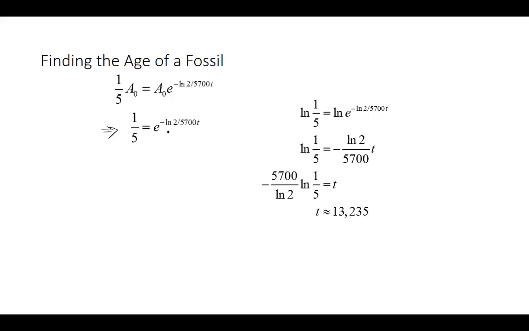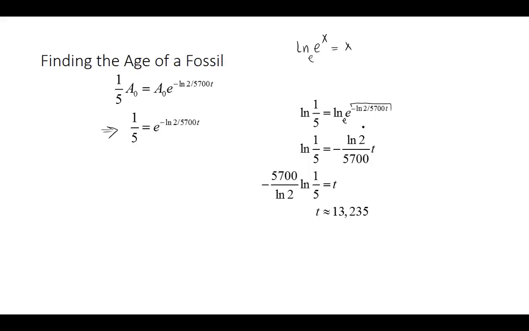As you can see, we cannot make the base the same. So what we need to do is take a natural log of both sides. The left-hand side becomes natural log of 1 over 5, equal to natural log of what's given here to me. If you recall, natural log of e to the power of x is equal to x, because the base is e. So the right-hand side would be just the exponent.